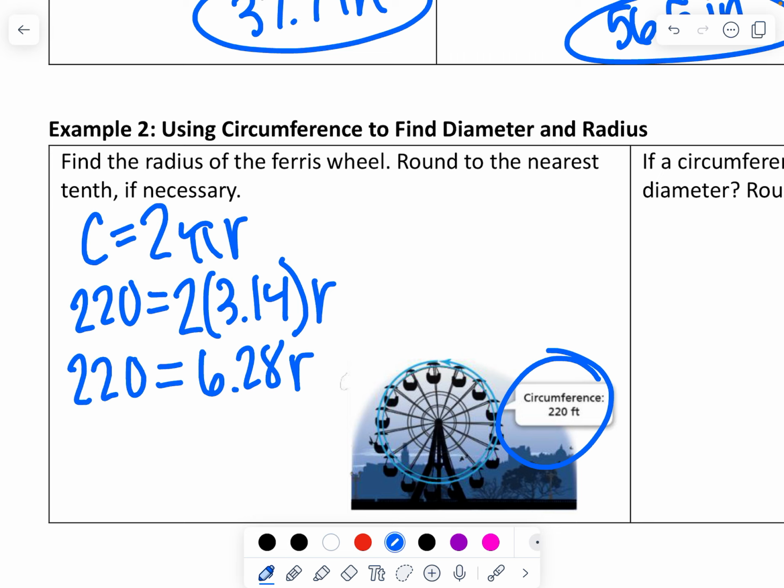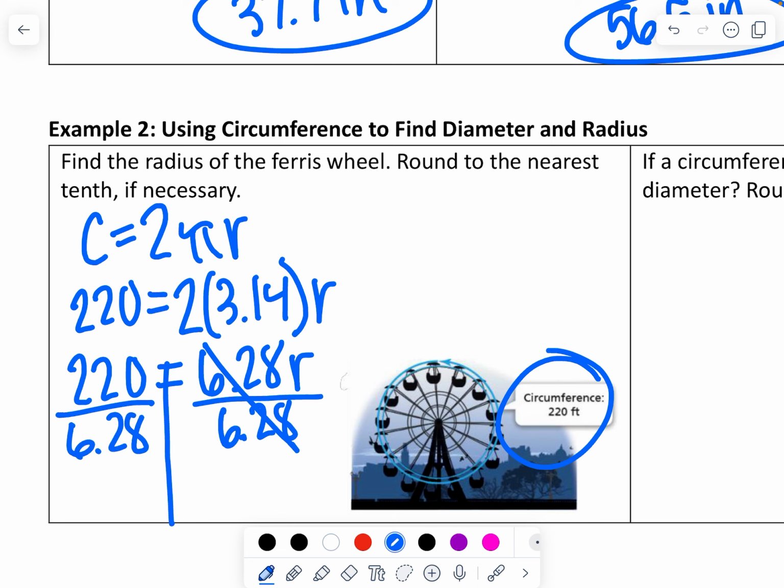Once I do that, I'm going to solve it by drawing my line down the equal sign, and then I have to do the opposite of what's happening to my variable. The variable is being multiplied by 6.28, so I'm going to divide by 6.28. 6.28 divided by 6.28 is 1, so those cancel out. On the left side, we get 220 divided by 6.28.